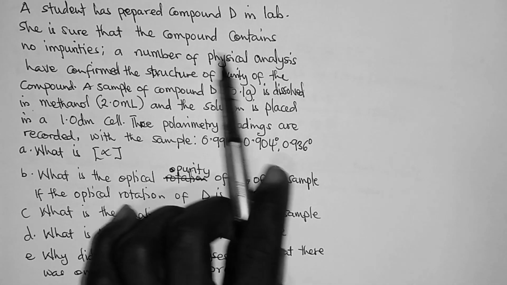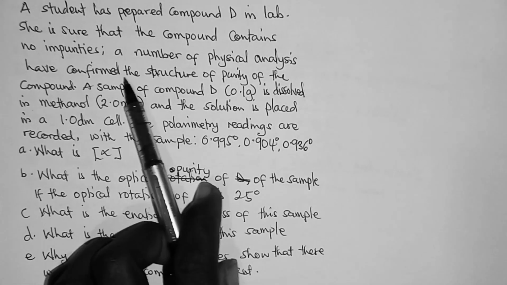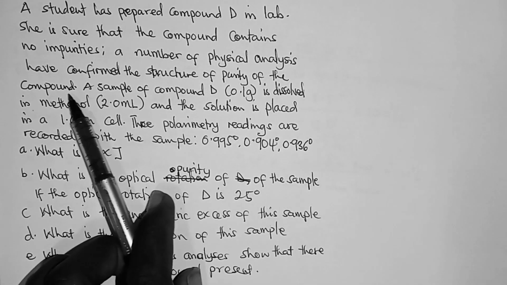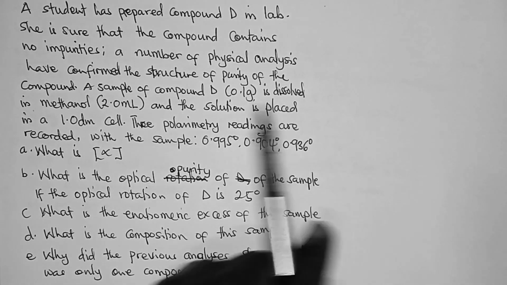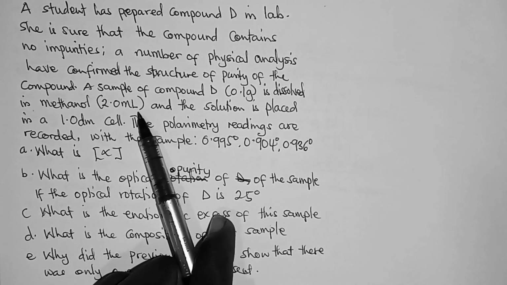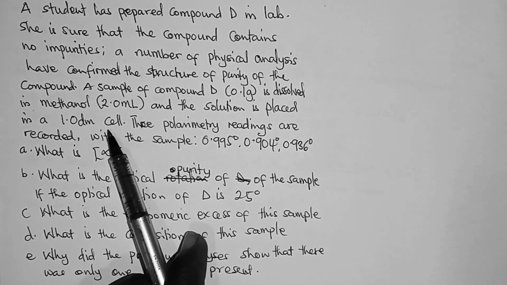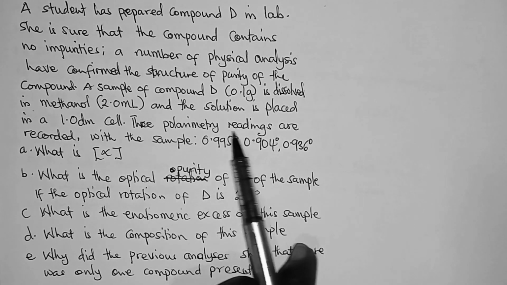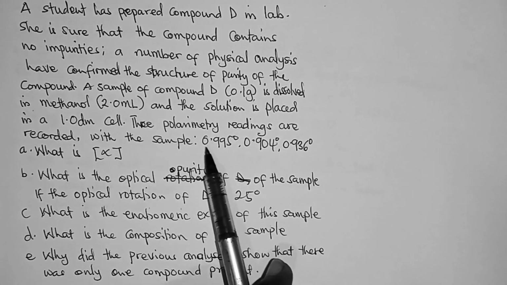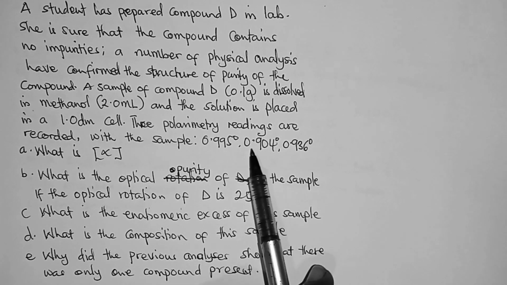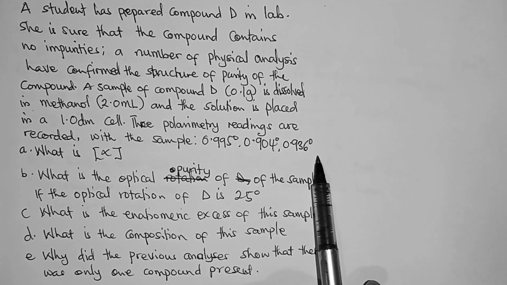The student has prepared compound D in lab. She is sure that the compound contains no impurities. A number of physical analyses have confirmed the structure and purity of the compound. A sample of compound D, 0.1 grams, is dissolved in methanol, 2.0 mL, and the solution is placed in a 1.0 decimeter cell. Three polarimetric readings are recorded with the sample: 0.995 degrees, 0.904 degrees, 0.936 degrees.